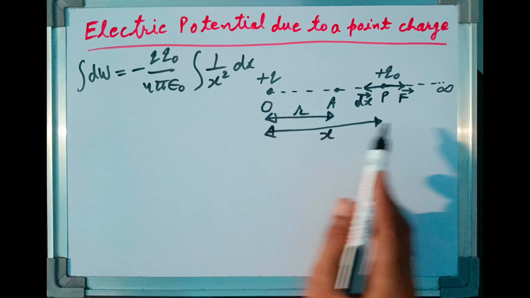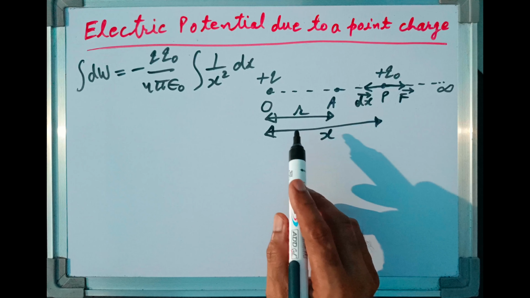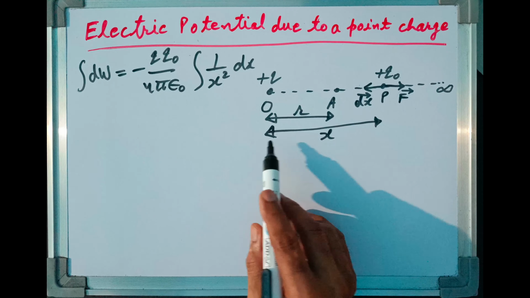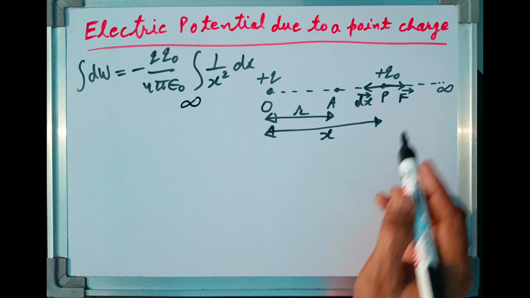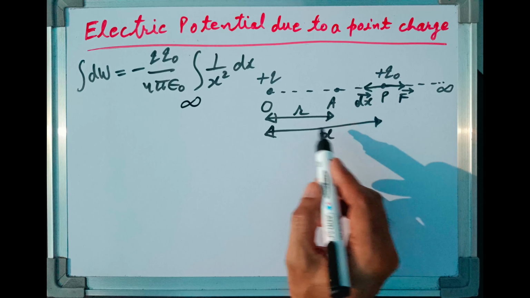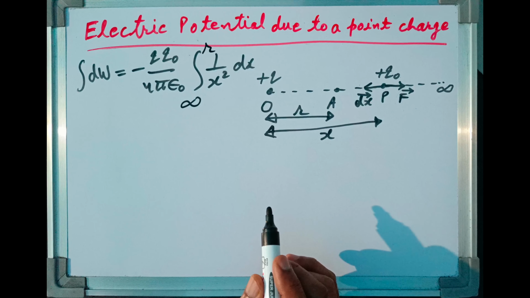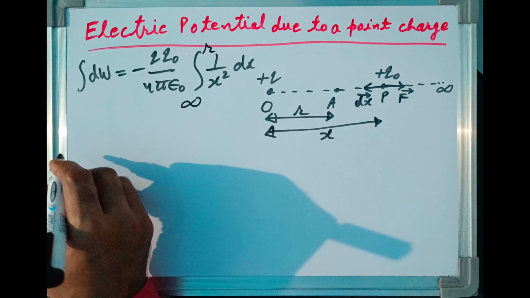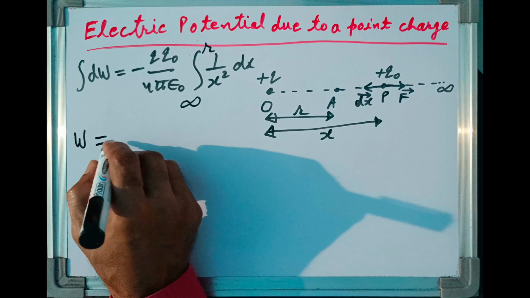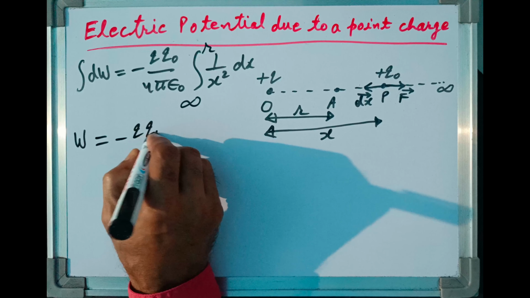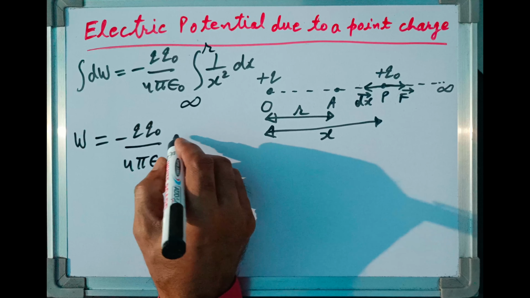We have to move from infinity to point A. In the starting, the distance from the source charge, that is the value of x, is infinity, so the lower limit will be infinity, and at the end the value of x becomes equal to r. This becomes the upper limit of integration, and on the left hand side the answer will be W, that is total work done, equals minus Q naught upon 4 pi epsilon naught.